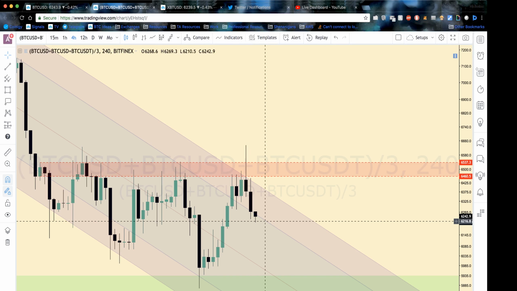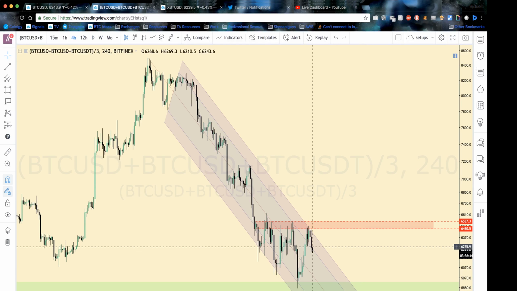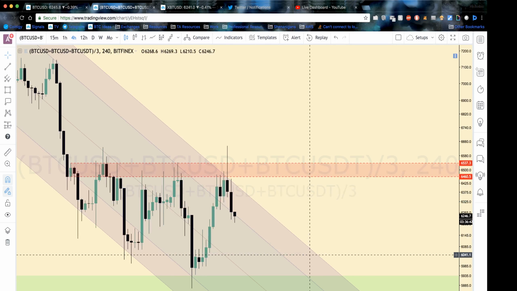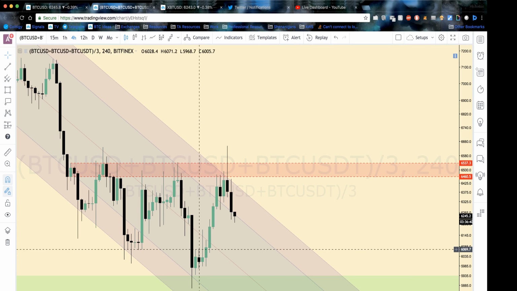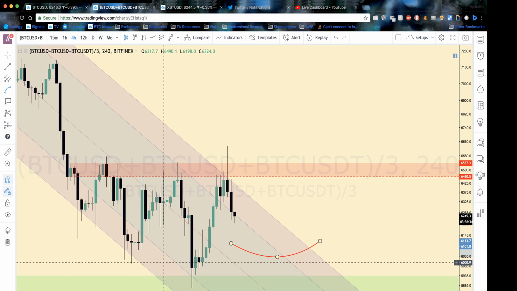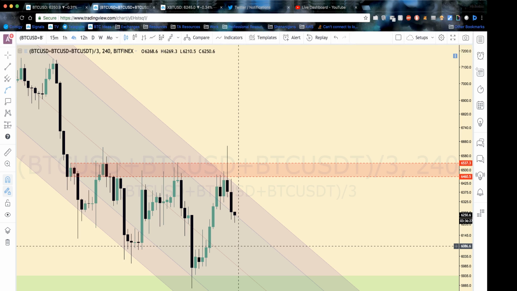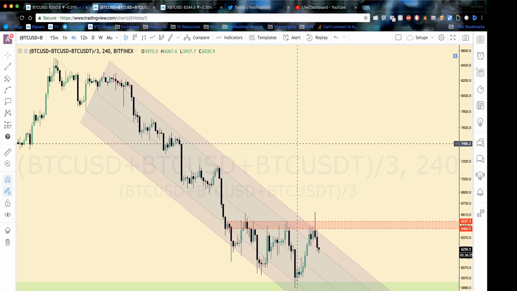I'm looking for us to violate this pitchfork, which lets us know bears are running out of steam. And I'd also be looking for a possible higher low somewhere right here, which would make this entire little formation a swing low, higher low. So that's what you should be looking for. That's what I'm looking at.